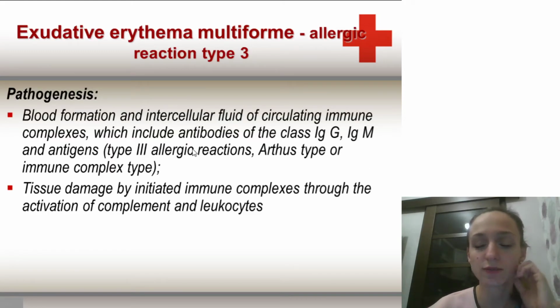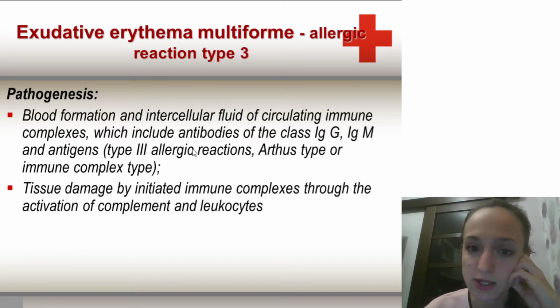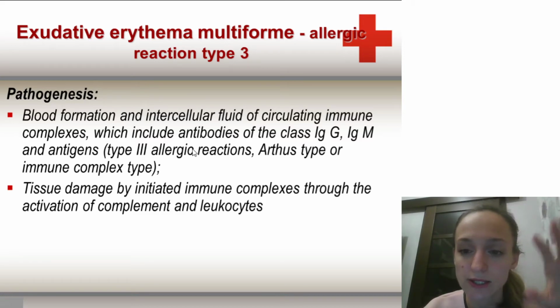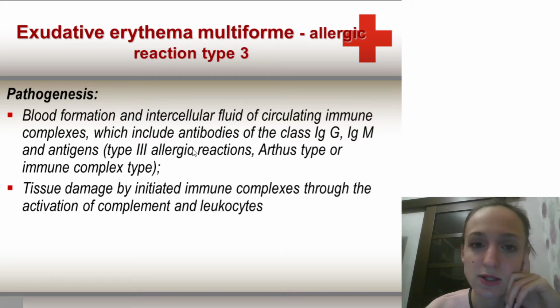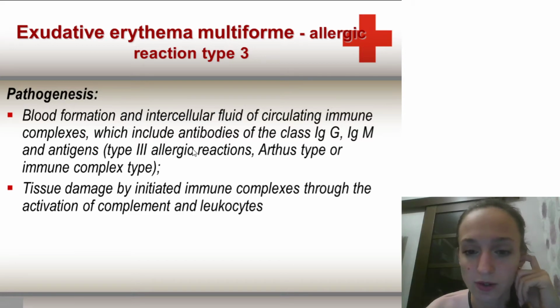Then exudative erythema multiforme, it is allergic reaction type 3. Pathogenesis, so in blood and intercellular fluid, circulate immune complexes, which include antibodies of the class of immunoglobulins G and M, and antigens of type 3 allergic reaction.